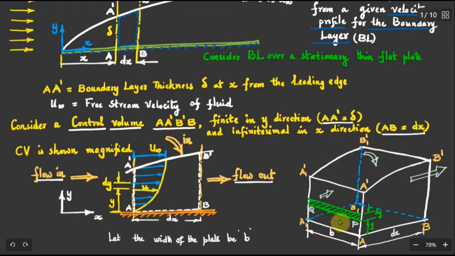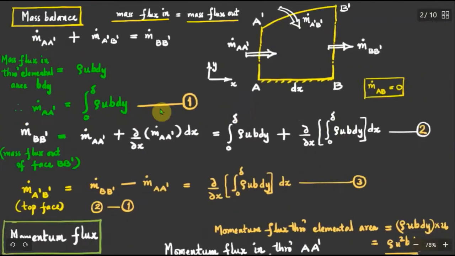So what is the mass flux through this elemental strip? And from that we will be able to find out the mass flux or mass flow rate of fluid entering the face A dash. A dash means this rectangular face A dash, A1 dash, A1, that is the face you have to consider. Now we will make a mass balance.